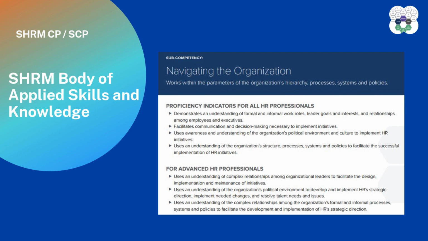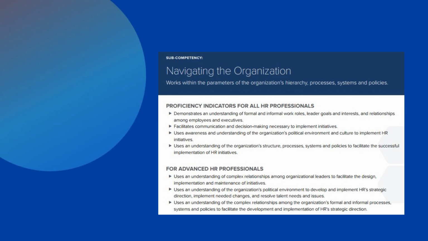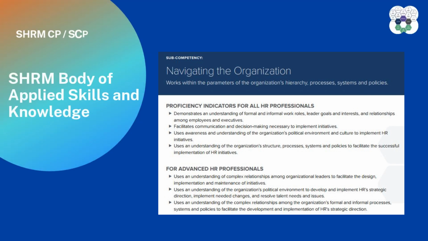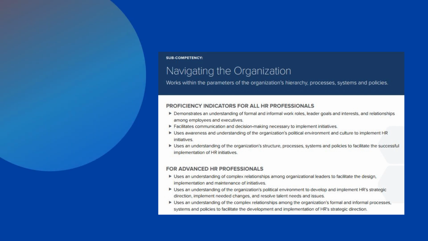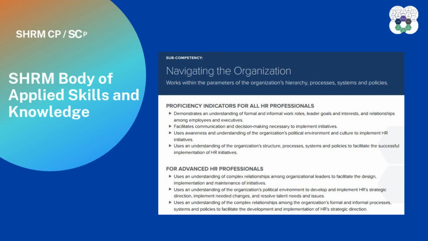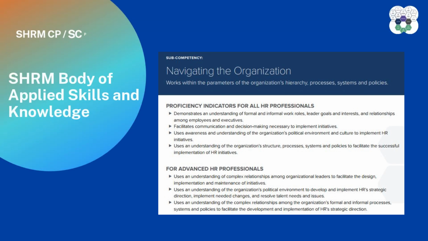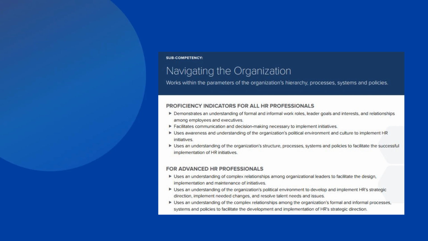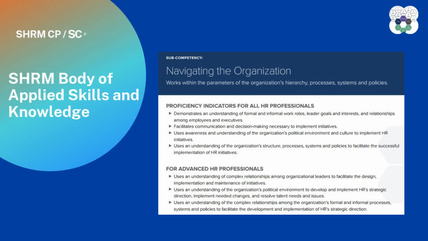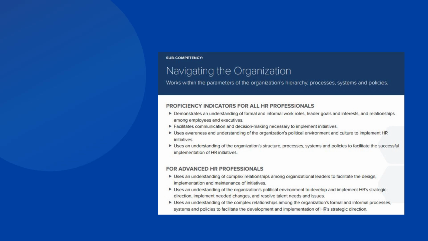SHRM competency. 1. Navigating the organization. Works within the parameters of the organization's hierarchy, processes, systems, and policies. Proficiency indicators for all HR professionals. Demonstrates an understanding of formal and informal work roles, leader goals and interests, and relationships among employees and executives.